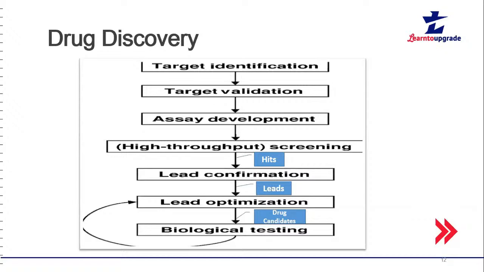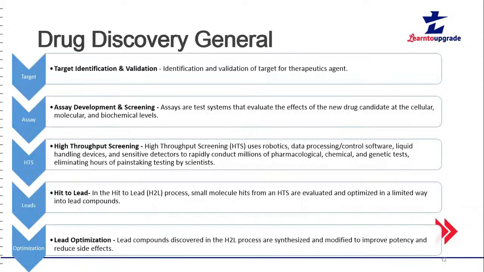If yes, then you go back one step, optimize this lead compound and try again in the animals. So this cycle can be repeated, because here you have not yet filed any IND application. So after the lead optimization, when we have drug candidates, our cycle actually stops from the drug discovery part.